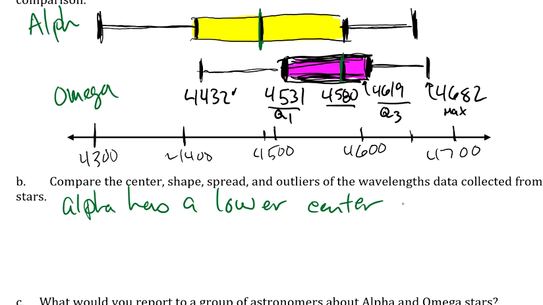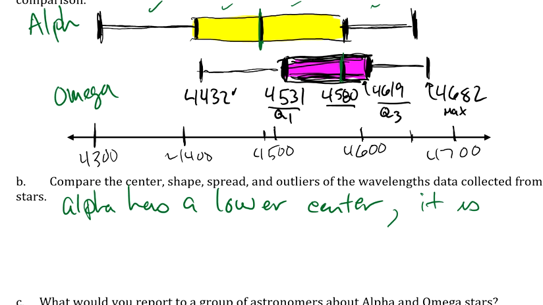The shape, I guess the alpha distribution looks pretty uniform. When I look at it, it seems like from Q1, Q2, Q3, and Q4 tend to have roughly the same number of points. So it looks like a fairly even distribution.